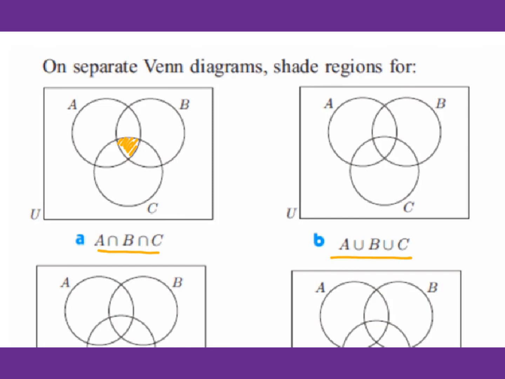For B, A union B union C, which means in A or B or C, everything in B, A, C counts. That's why we shade the area for all A, all C, and also all B.